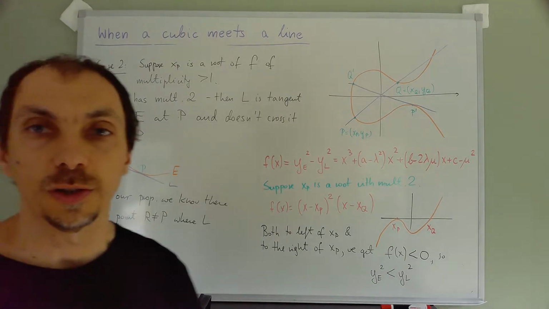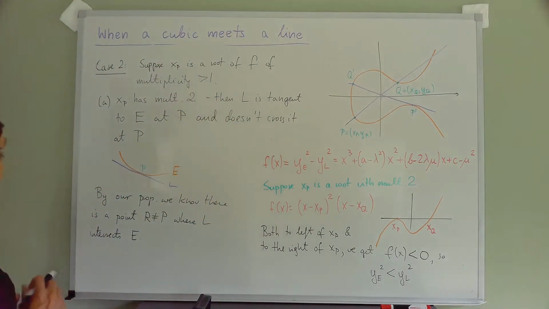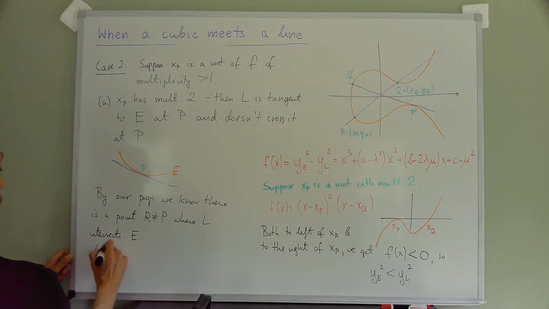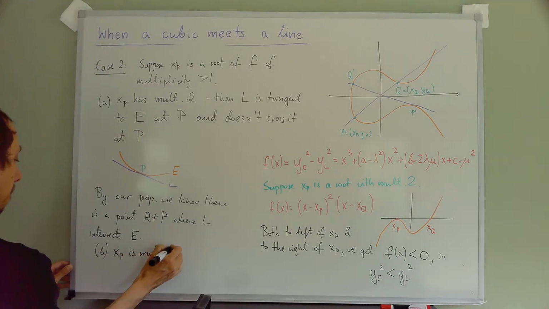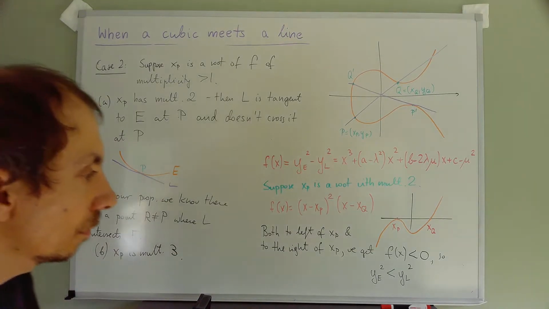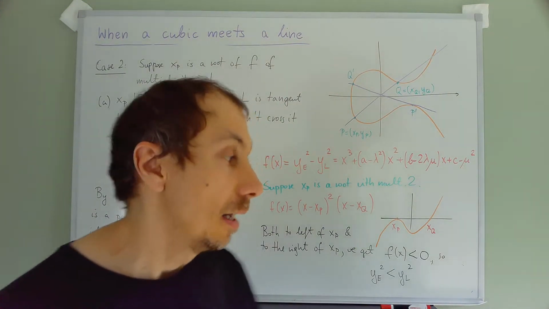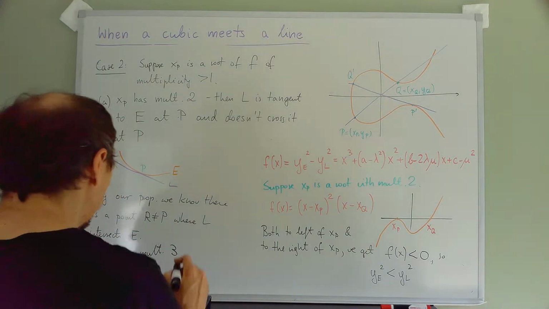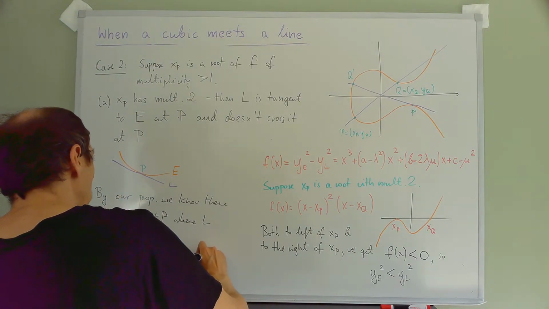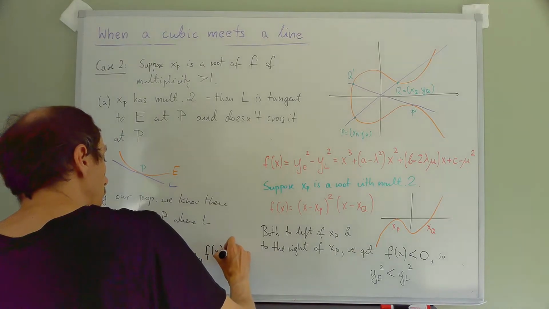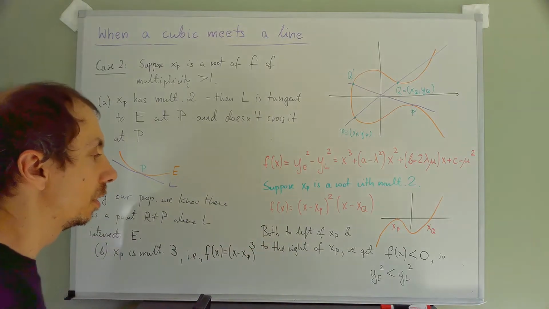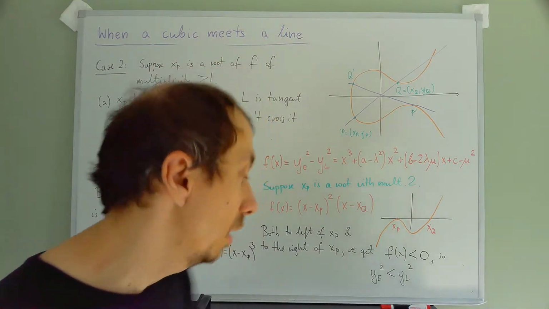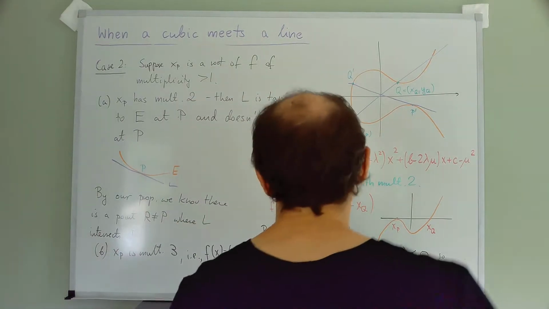So the third and the most extreme case is part B of case 2, when the root is multiplicity 3. So we know what happens then. That means that f of x is equal to just x minus xp cubed. Okay, and I will not do the calculation here, but you probably already suspect.